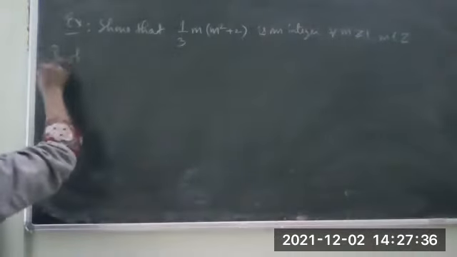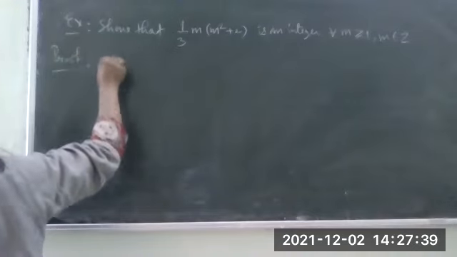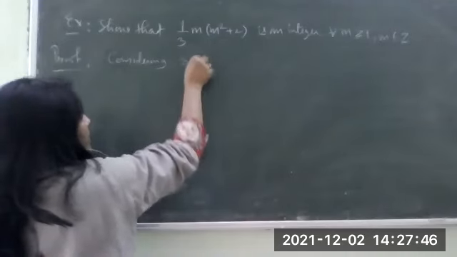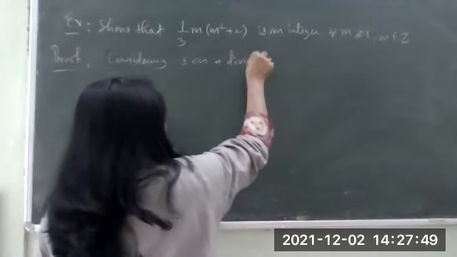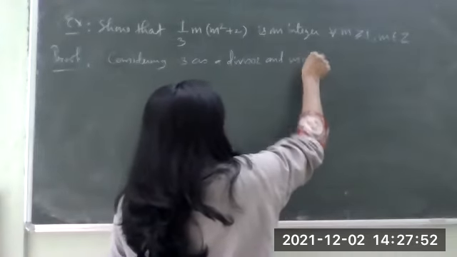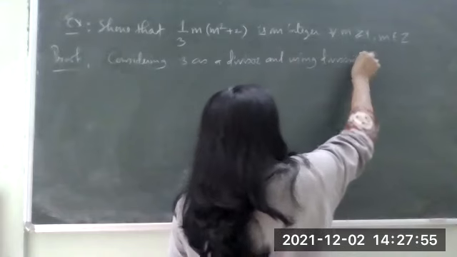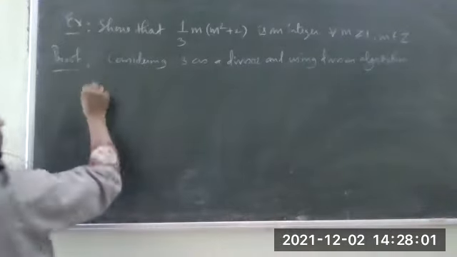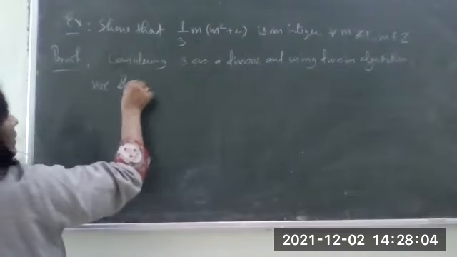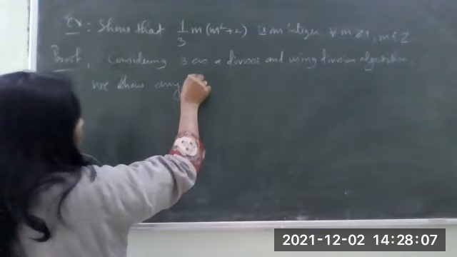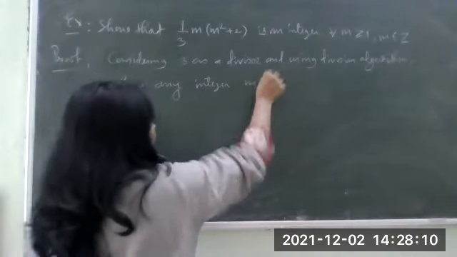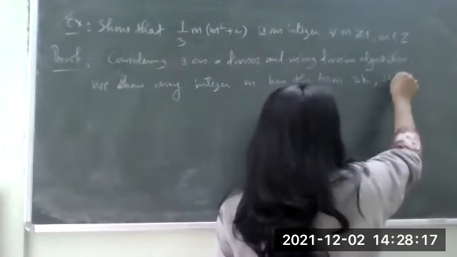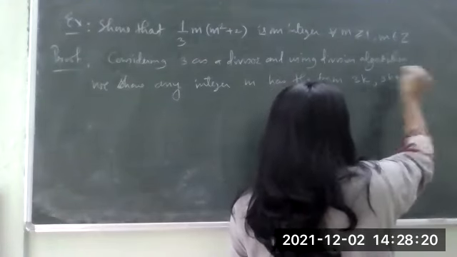So to prove this, considering 3 as a divisor, using the division algorithm, we show that any integer m has the form 3k, 3k plus 1 or 3k plus 2.